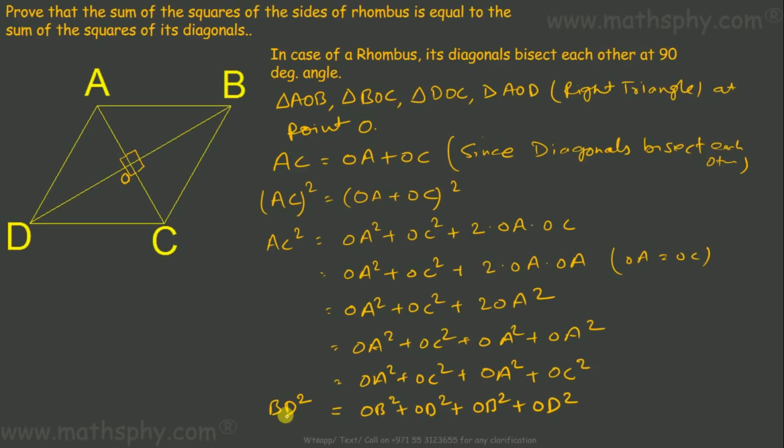You take BD equals to OB plus OD, square both the sides, will give you, from the same process, BD square is equal to OB square plus OD square plus OB square plus OD square.